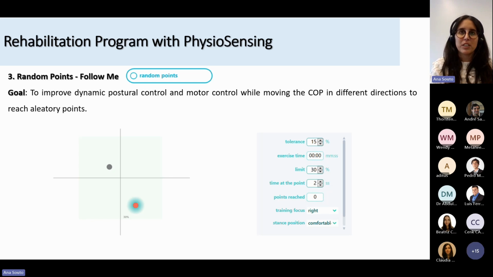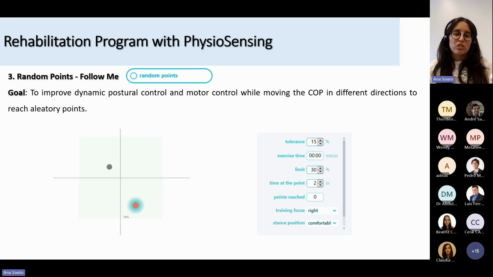If you want to increase exercise difficulty, we increase the time at the point. If we want to decrease the difficulty, we decrease the time at the point. Okay, so I put 2 seconds. He has to remain on top of the point for 2 seconds to validate the point.